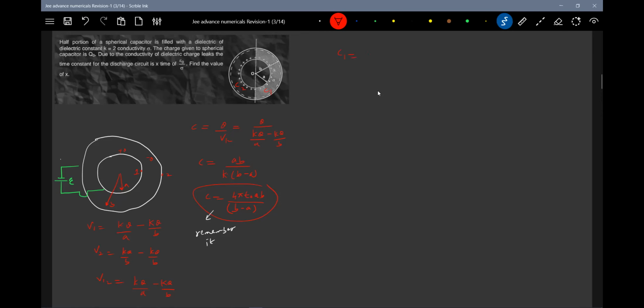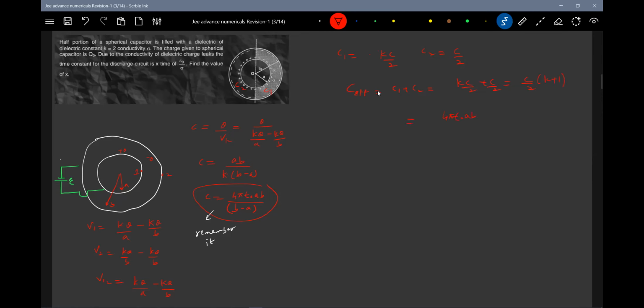C1 will become K times C by 2. C2 will be just C by 2. And the effective capacitance is C1 plus C2, so KC by 2 plus C by 2, which is C(K+1)/2. What is the value of C?